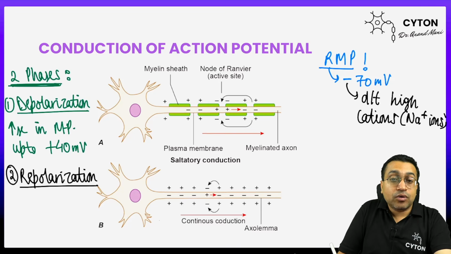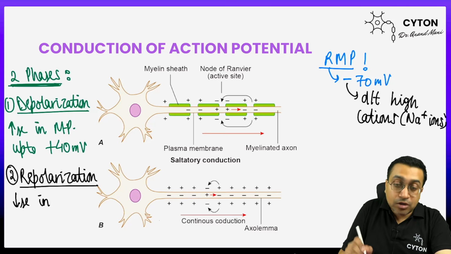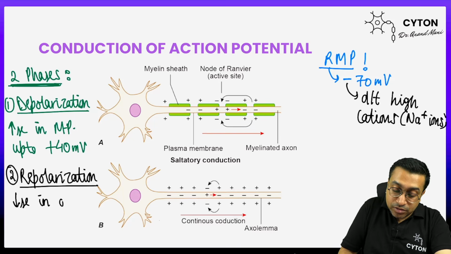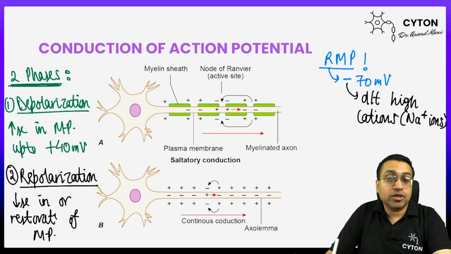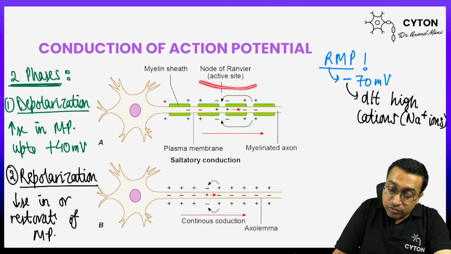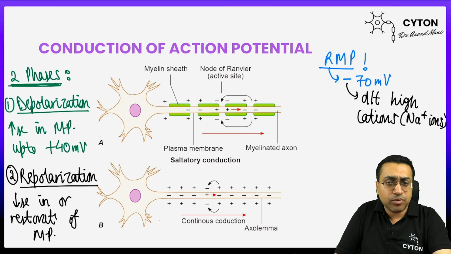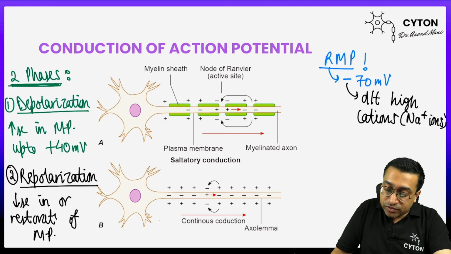Repolarization is a decrease in, or restoration of, the membrane potential. You can see in the photograph this is a node of Ranvier, that is the active site. Solitary conduction has been shown, and you can see continuous conduction along the axolemma. Again, in physiology you will study everything in detail in Guyton and Hall.